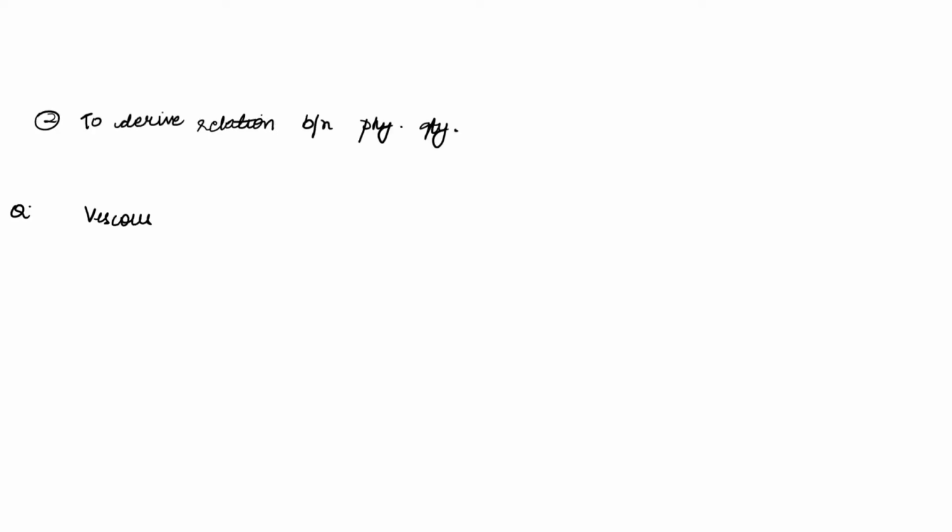Let's practice a question so that you'll understand. I give you a question that goes like this: viscous force depends on radius r, coefficient of viscosity eta, and velocity v. Take the constant of proportionality as 6 pi and derive the relation between force of viscosity, radius, coefficient of viscosity, and velocity v.